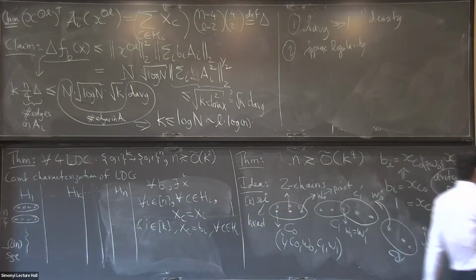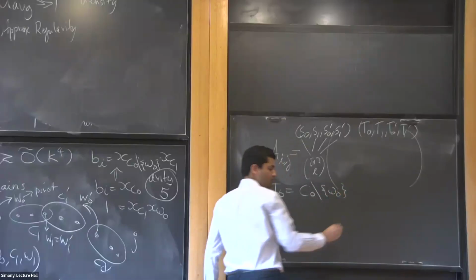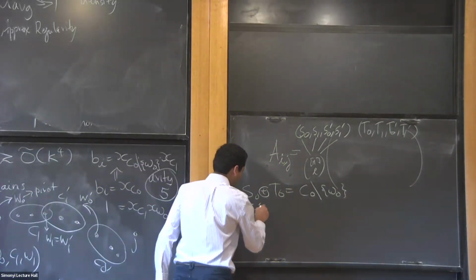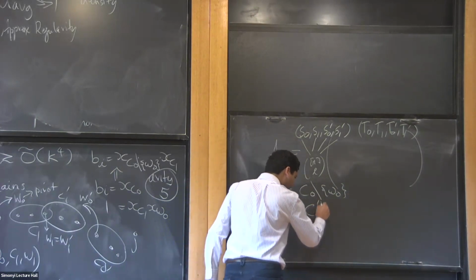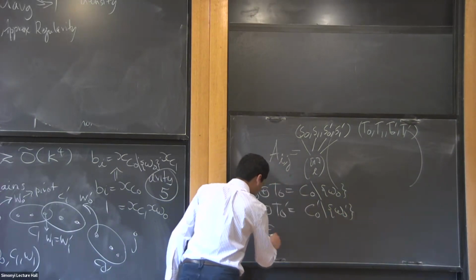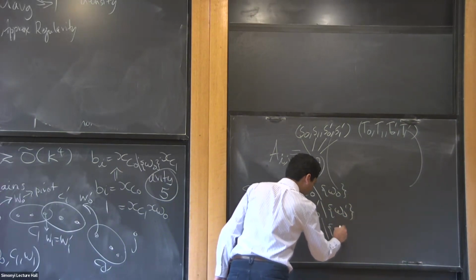So S0 plus T0 should equal C0 minus W0. Similarly, S0 prime plus T0 prime should equal C0 prime minus W0 prime. S1 plus T1 equals C1 minus W1.